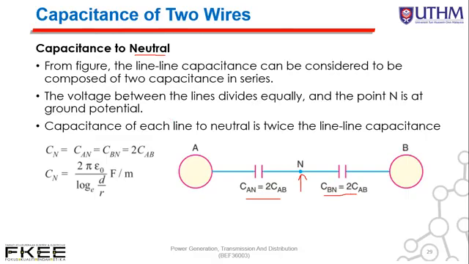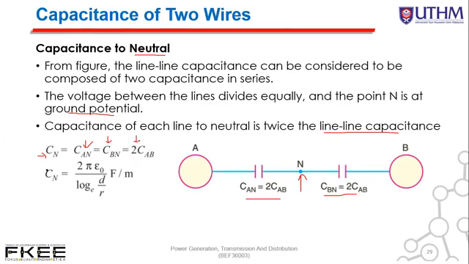The voltage between the lines is divided equally, and the point N is at ground potential. So the capacitance of each line to neutral is twice the line to line capacitance, CAN equal to CBN, equal to 2 CAB.